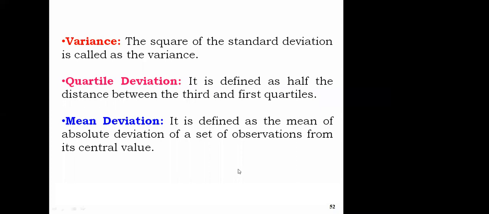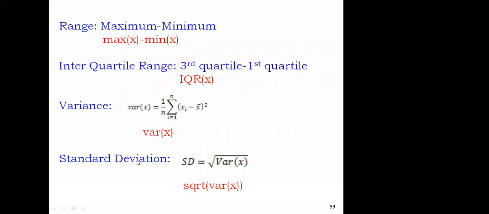I'm not explaining this in detail, I've just given the formulas here. Mean deviation is defined as the mean of absolute deviations of a set of observations from its central value. These are the formulas.